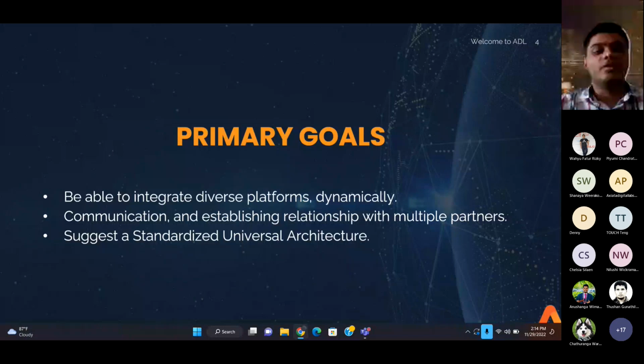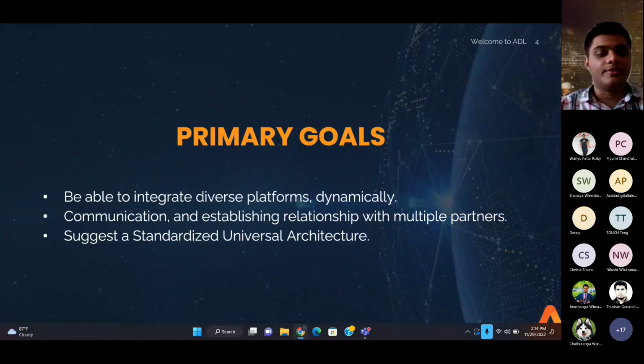So in this approach, technically, there should be a standardized and universal architecture. This is one of the key aspects in which we need to invest our time and plan accordingly. The design of a universal standardized architecture is a key aspect when designing platform businesses. This is important because, as mentioned earlier, we would have diverse platforms and we need a dynamic pathway to integrate them.